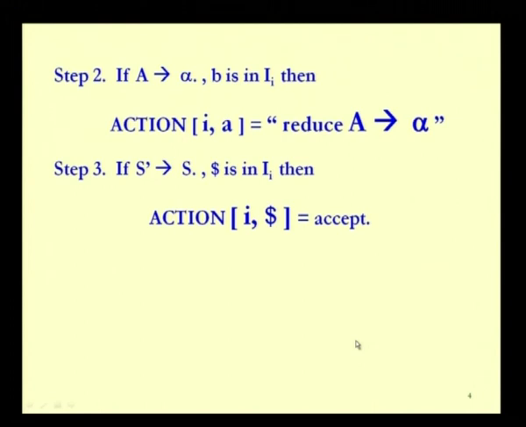Now, to look at the reduce action, we have an item of the form A derives alpha dot, comma b.